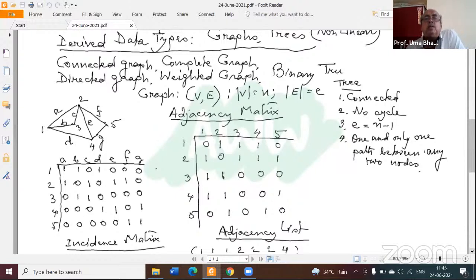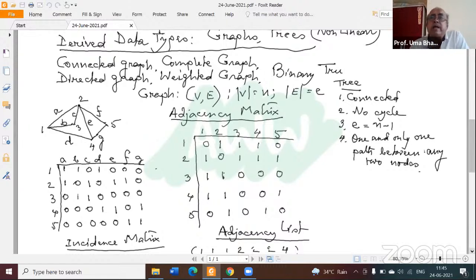It's fine. So if we have a self loop, something starting from 1 and ending at 1, we'll have 1 in place of 0 here, at 1 and 1. So some characteristics I'm saying, which you can easily understand using your common sense.